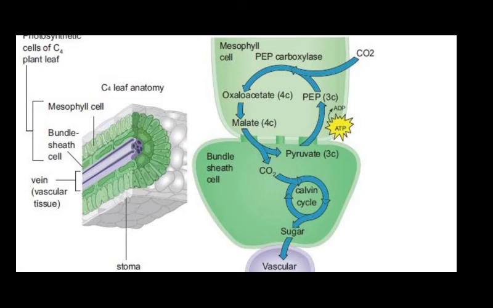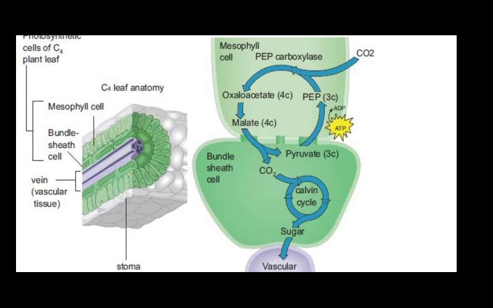So we are seeing here two-time fixation of carbon dioxide, isn't it? First time taking place in this particular step with the PEP. The second time taking place right here with the RuBP, because it is the Calvin cycle process again. So there are two steps of fixation of the CO2 taking place.